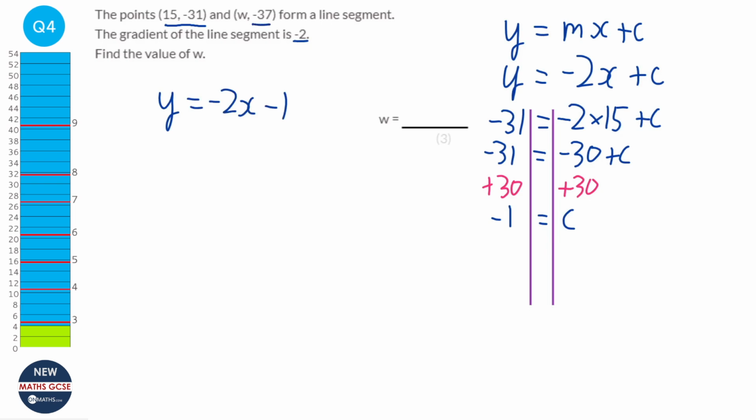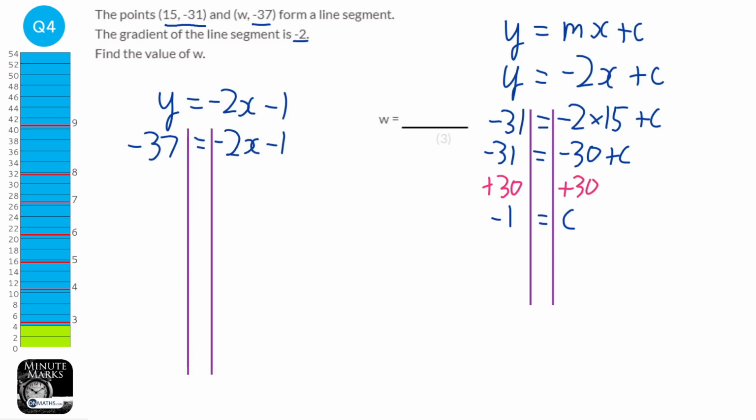And we're told that the y is minus 37. And we're looking for the x value, which they've called w. So let's get our solving lines in. Okay, so the first thing I'm going to do is add 1 to both sides. And so it would be minus 36 equals minus 2x.